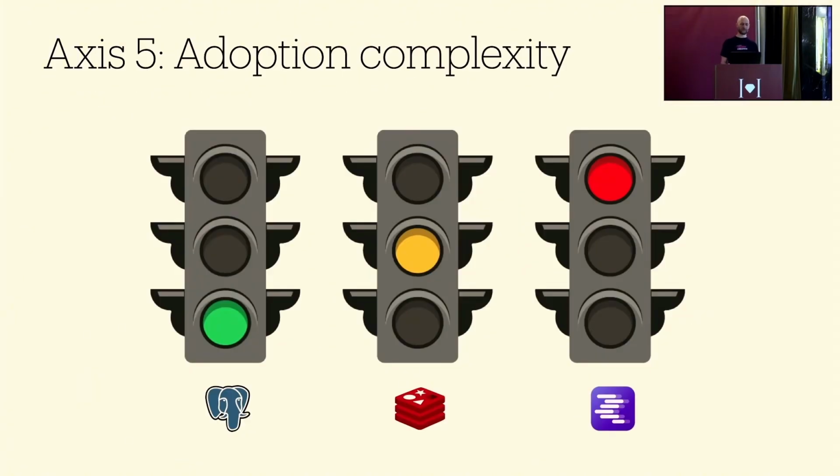The last one, adoption complexity. It's not a number, it's a traffic light, because if you have Postgres, you can ship pgvector in an afternoon. If you choose Redis HNSW, you need version 8 and binary vector handling, but come on, it's Redis.